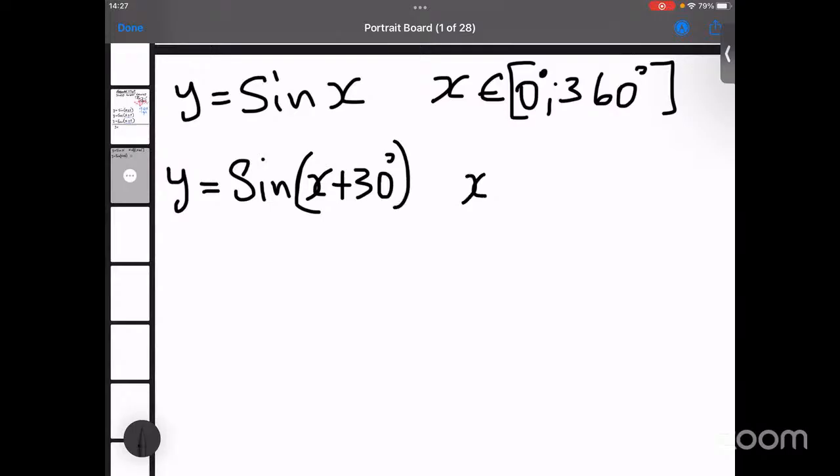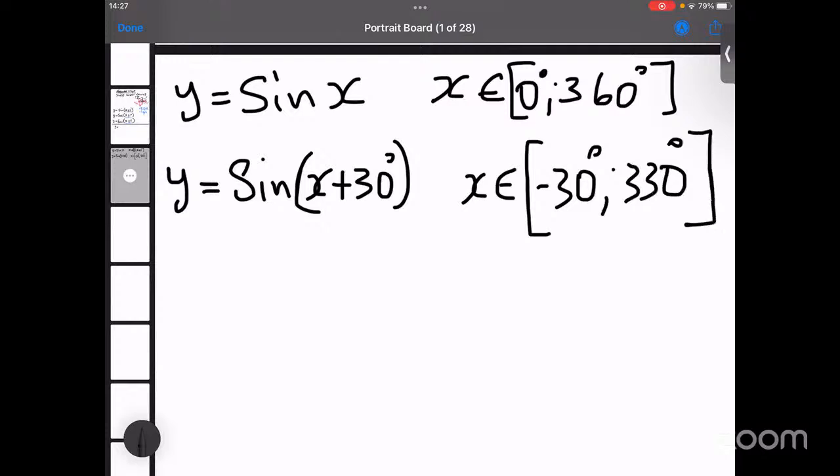And this one is for where x is an element of, let's do it like this, negative 30 degrees to 330 degrees. So we need to now plot these two functions on the same set of axes.